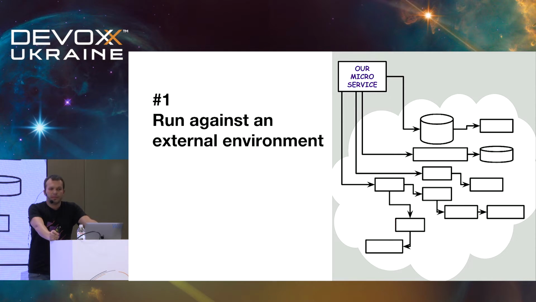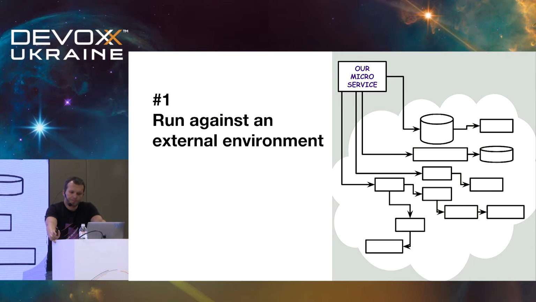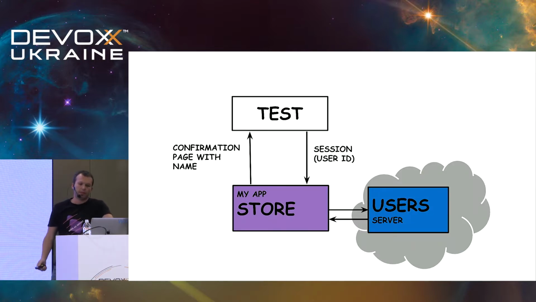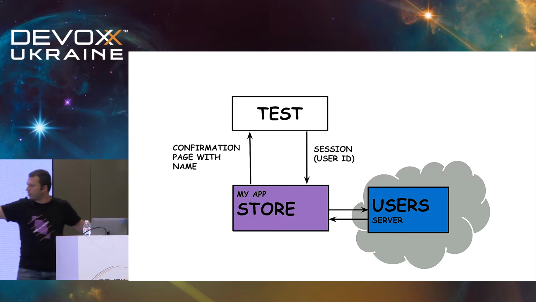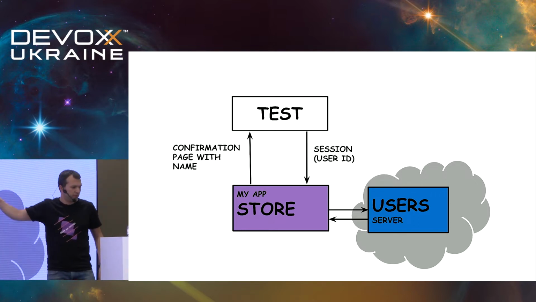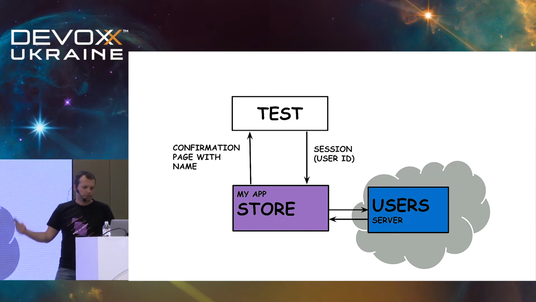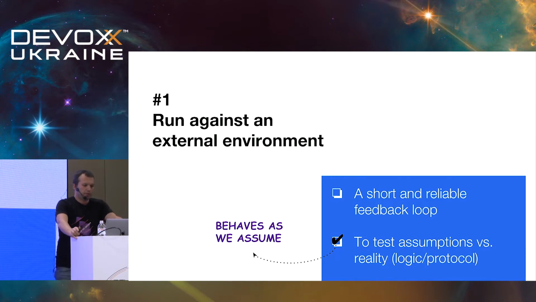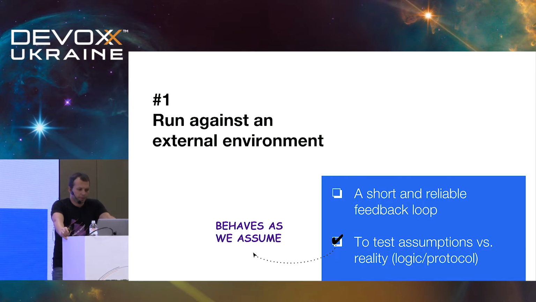The next thing that we are going to try is to run against an external environment. So basically, we have the production. We have our store and our test, and the test speaks to the external environment, to the production environment. The good part here is that we test that our assumptions are correct.